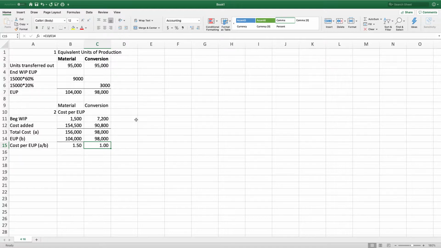So I have my equivalent units of production for material and for conversion costs. What's number 3 asking? Cost of ending WIP. And what's 4 asking for? The units that we transferred out, right? Okay.